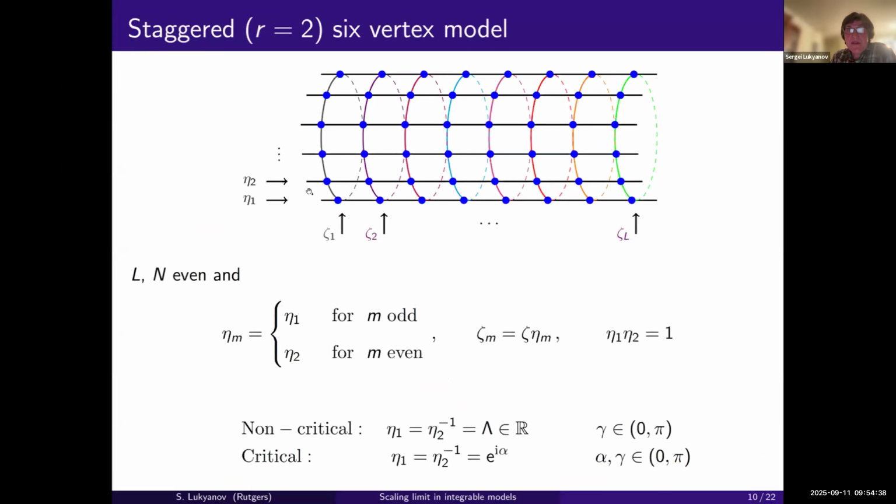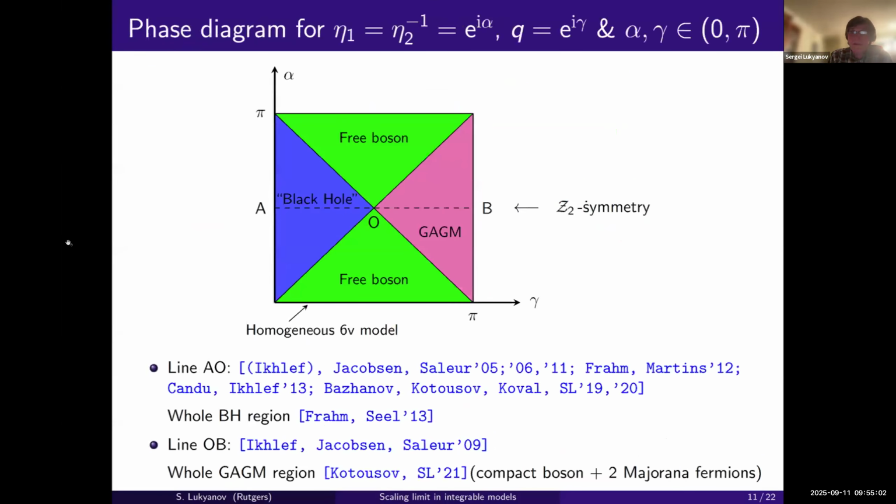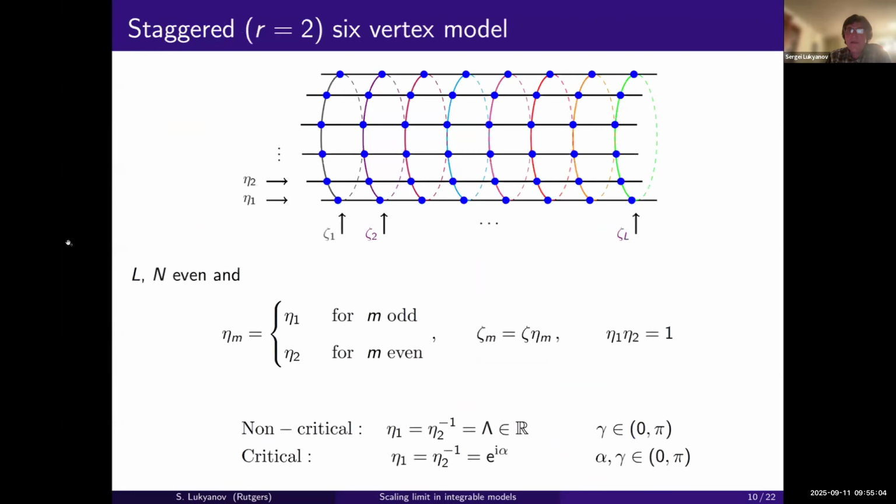In particular, the simplest situation is the case of the staggered model, which we already mentioned, when we have only two different values of inhomogeneities, so they alternate. And as I already said, if you choose the inhomogeneities to be real, then the system actually develops a gap.